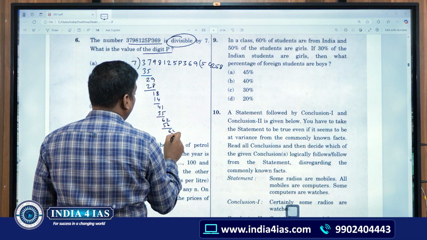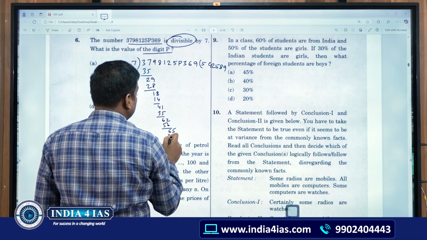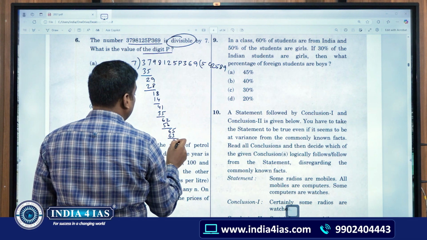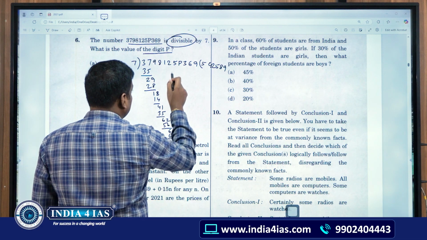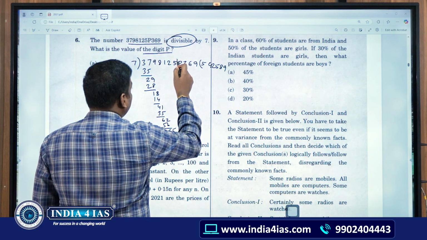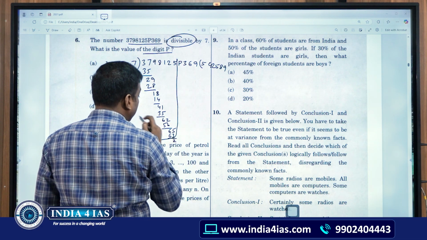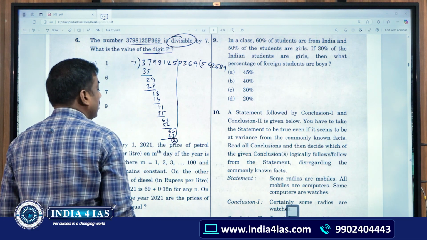Done, 2 done, now 5, 7 9s are 63, yes, 2 here. So up to this point, when we divide, we will be left with the remainder 2.